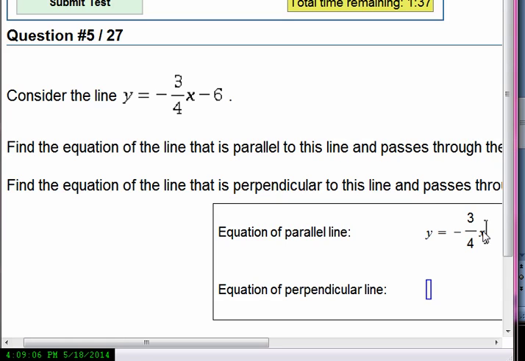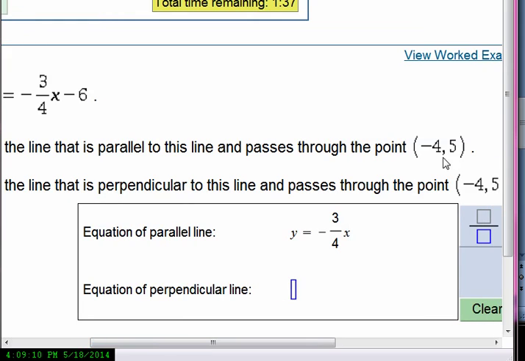Now the only thing I'm missing is that the line passes through negative 4, 5. So I have to figure out what the y-intercept is that goes through the point negative 4, 5 with a slope of negative 3/4. There's two ways to do it. One way is to plug in the point y equals 5 and x equals negative 4 and then solve for b.